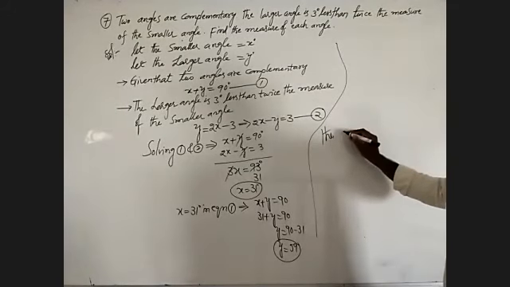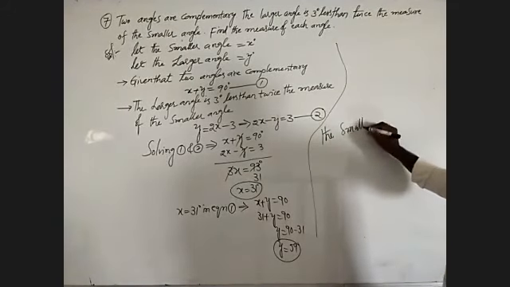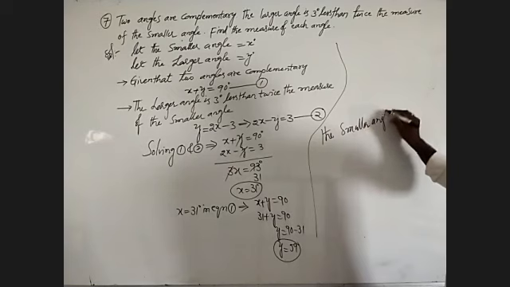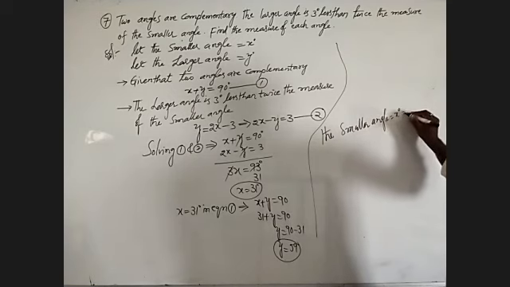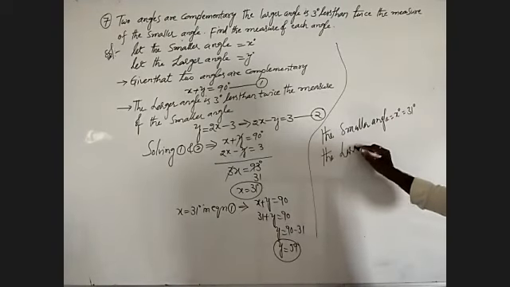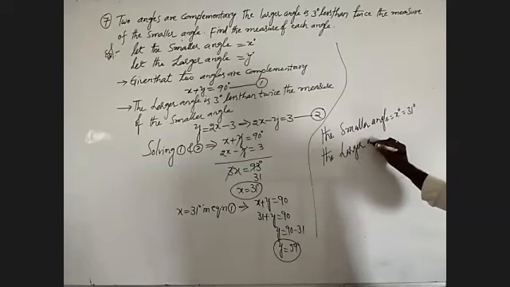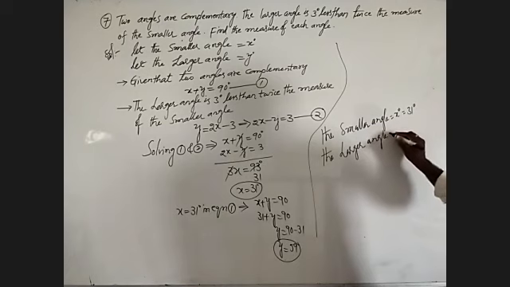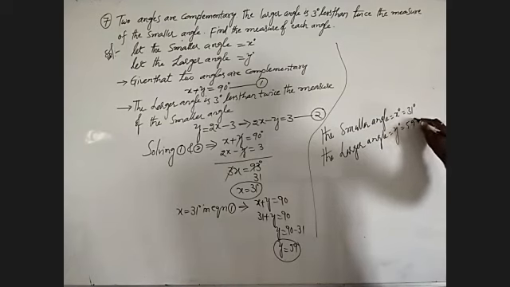That means the smaller angle is equal to x degrees, where x will become 31 degrees. After that, the larger angle is equal to y degrees, where y will become 59 degrees.